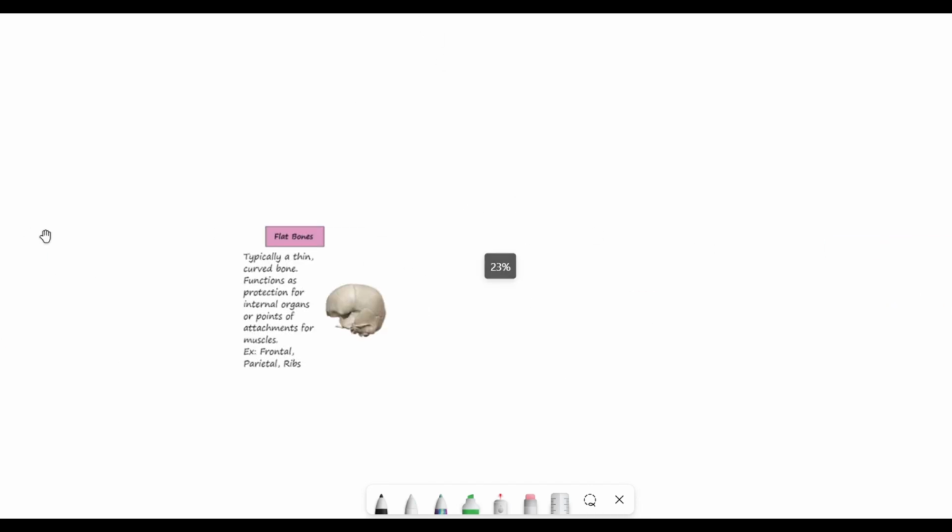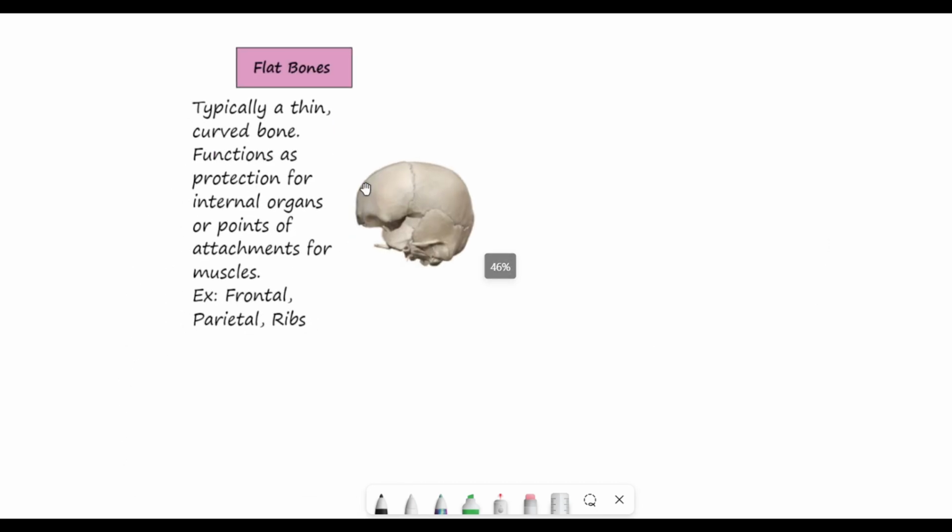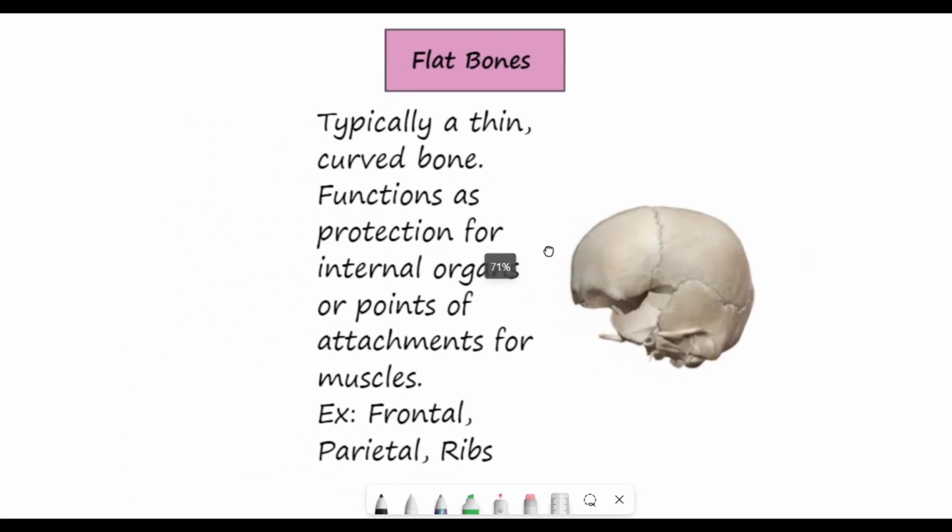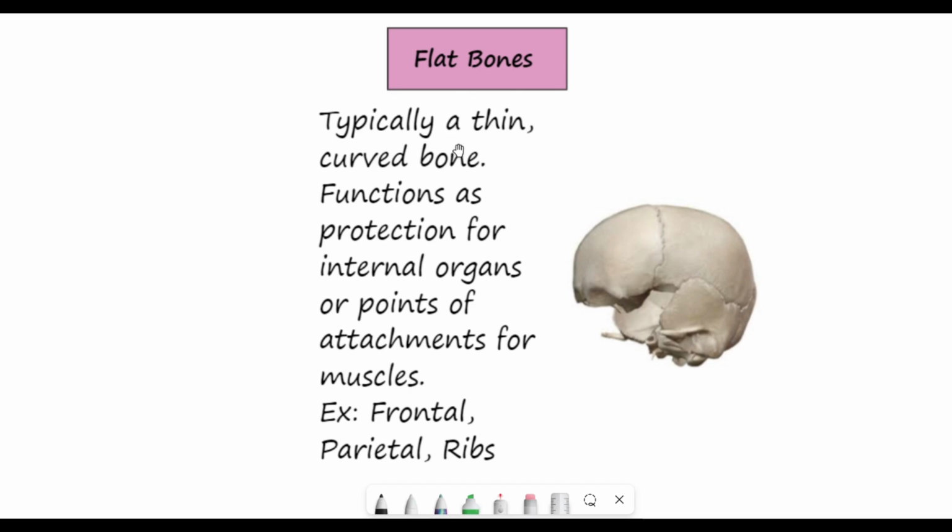Next one is going to be flat bones, I believe. If I can find it, I don't know where it's at. Oh, there it is. Alright, so these typically are thin, curved bones. A good example is the four main bones of your cranial cavity, which is your frontal, your parietal, your temporal, and then your occipital bone.